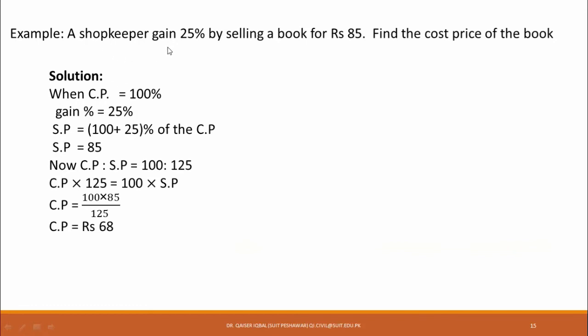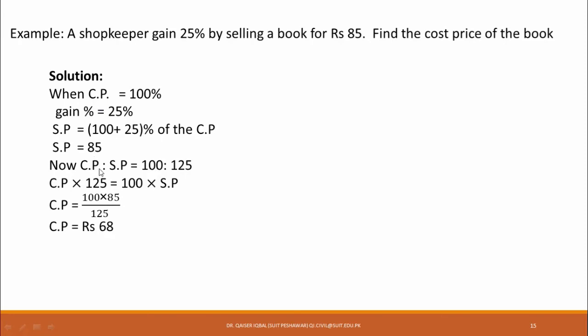A shopkeeper gained 20% by selling a book for Rs 85. Find the cost price of the book. Solution. The cost price 100%, gain percent 25%. So the selling price is equal to 100 plus 25 whole percent of the cost price. So the selling price is 85.